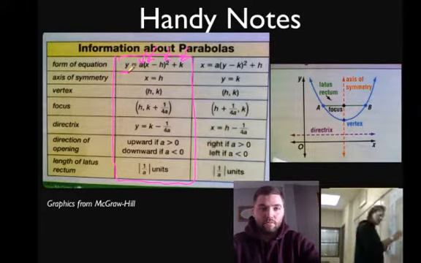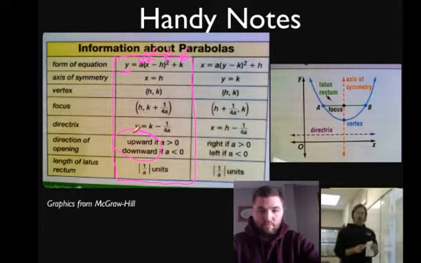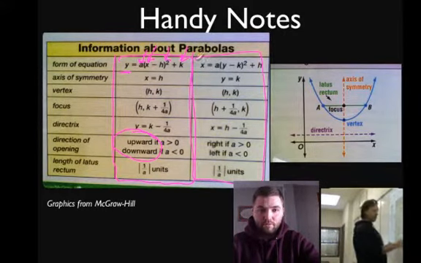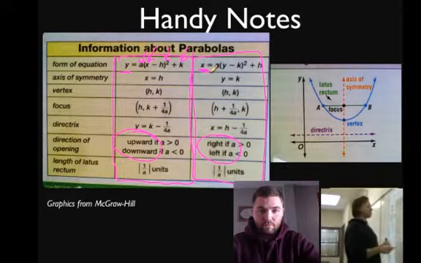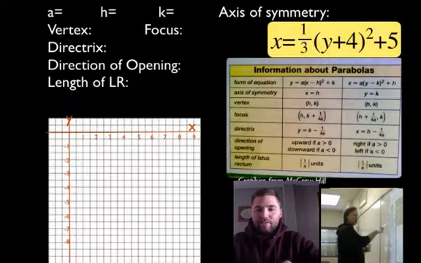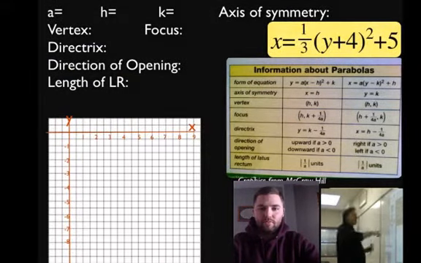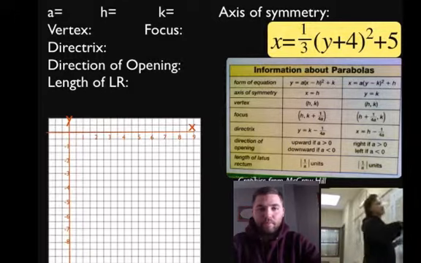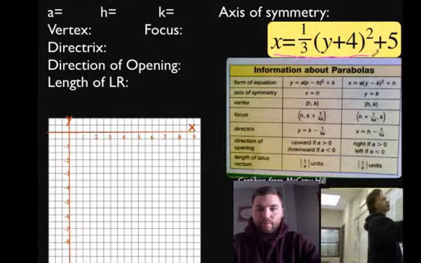If it's y equals first, the graph is going to open up or down. Now this whole set is for graphs that open right and left, and it starts with an equation that has x equals. So the first thing I do is identify which one of those parts of the chart I want to use, x or y.